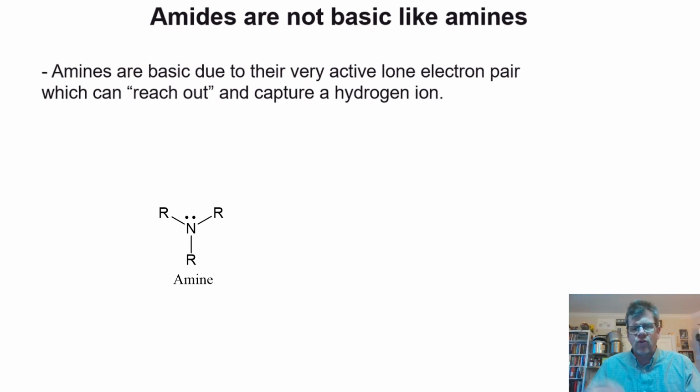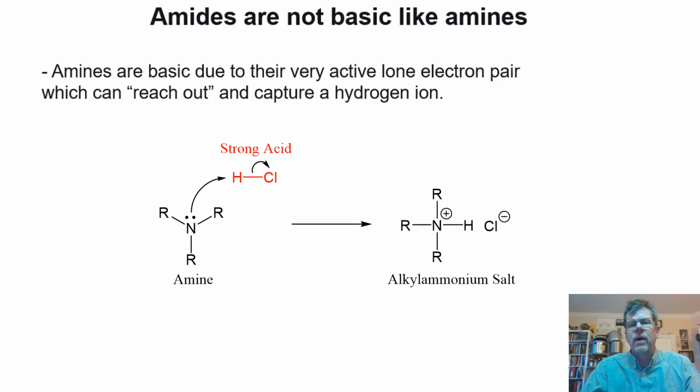If we had a strong acid strolling by, that lone pair is always right there and very willing to reach out and grab that hydrogen to become that aforementioned alkyl ammonium salt that we talked about before. But amides are built a little differently. Yes, there's still the lone pair on a nitrogen always, but in amides, the activity of that lone electron pair is attenuated somewhat.